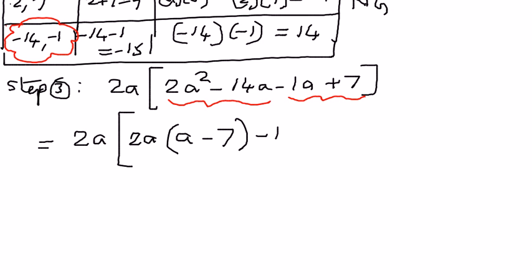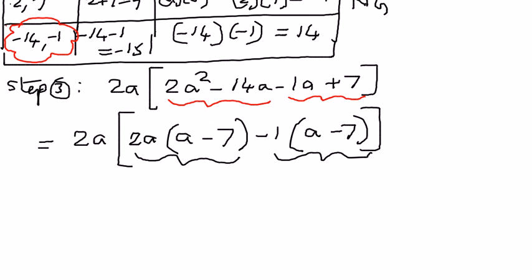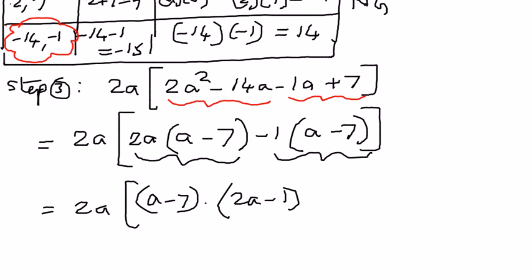Negative 1 is common. If I pull out negative 1 from negative 1a, what is left? a is left. If I pull out negative 1 from positive 7, what is left? Negative 7. So as you can see, between these two terms, a minus 7 is common. So I write a minus 7 times what is left? 2a minus 1 is left.